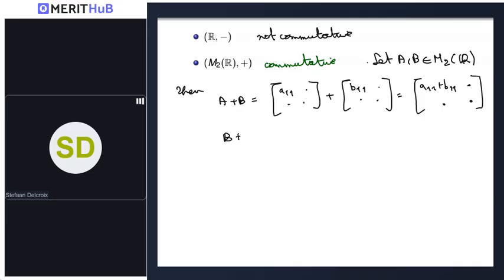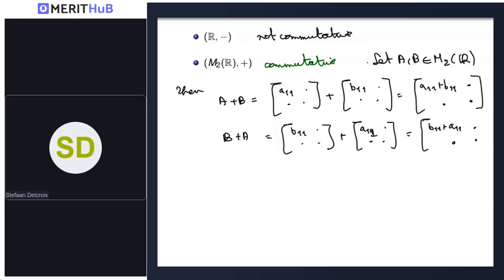What will B plus A be? First the B's, then the A's. And so we get B11 plus A11. And the question now is, are these two the same? Well, matrices are the same if all their entries are the same. So is A11 plus B11 equal to B11 plus A11? Yes.